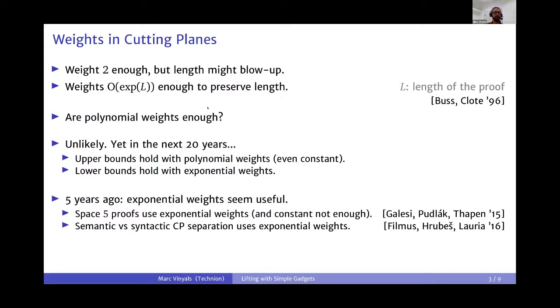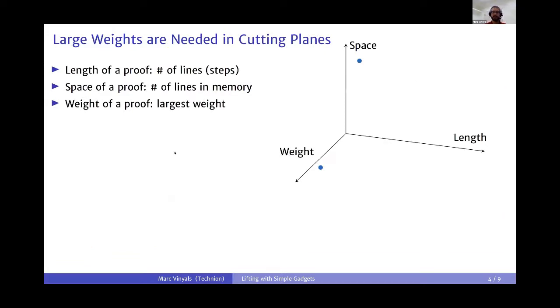That's until some 5 years ago, when a couple of results came in that actually use large weights to do something. But note that I'm saying use here. Sure, these results use large weights, but we still don't know if they are really needed. So our result is about that. We show that there is some situation where having large weights is not only useful, it's actually needed.